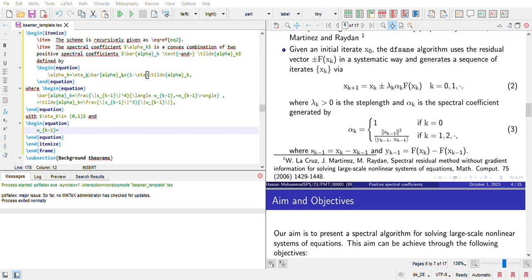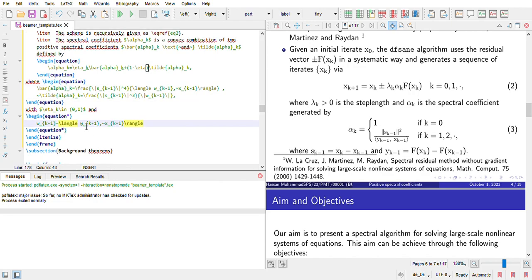Okay, so we don't even need to number the w_k's, I think I can just put a star there. So it's the inner product of y_{k-1} and s_k.